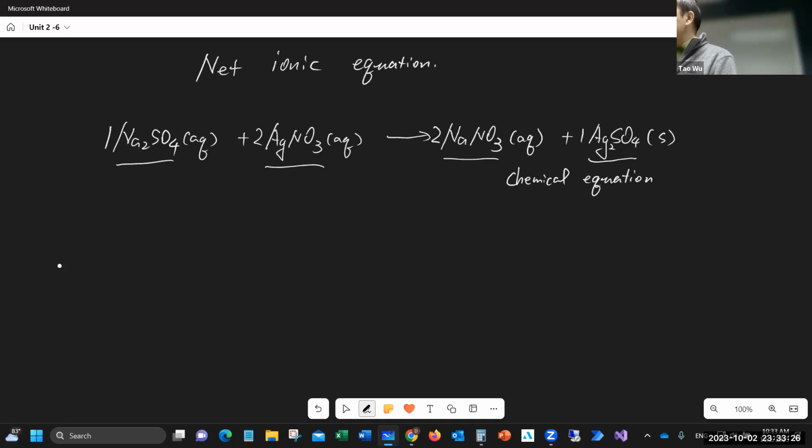This is what we need to recall. We talked about electrolytes. What are electrolytes? You still remember? What's the ion? An electrolyte is an ionic compound that can dissolve in the water.